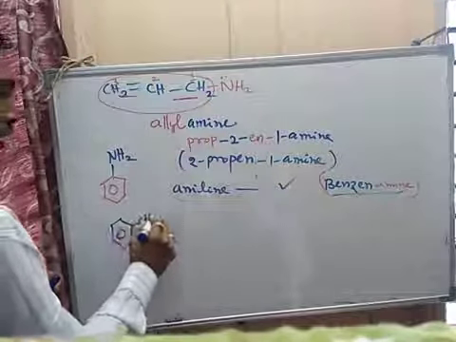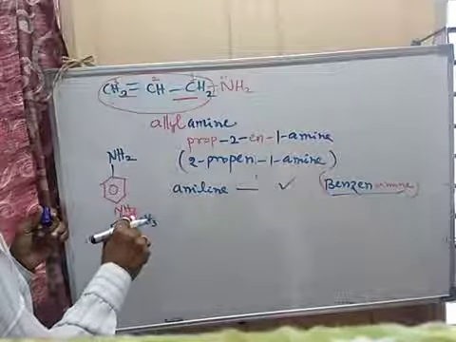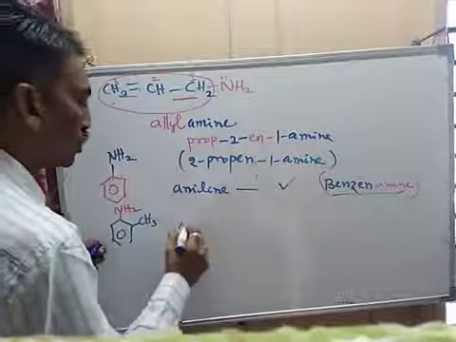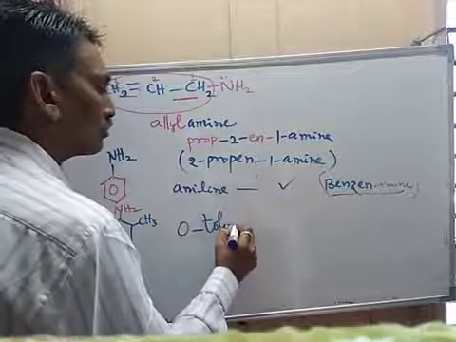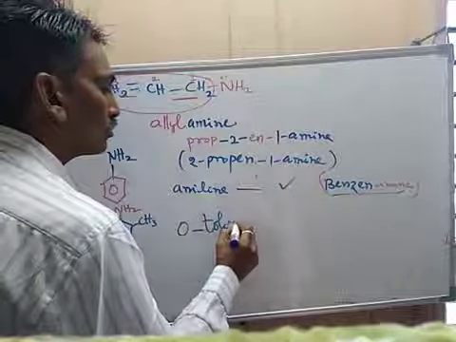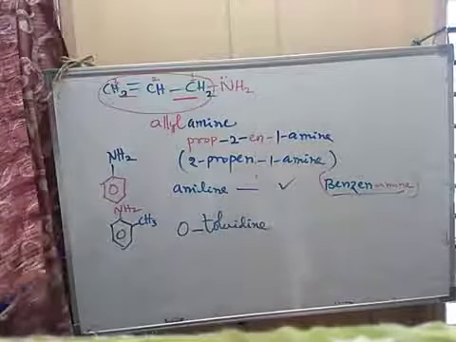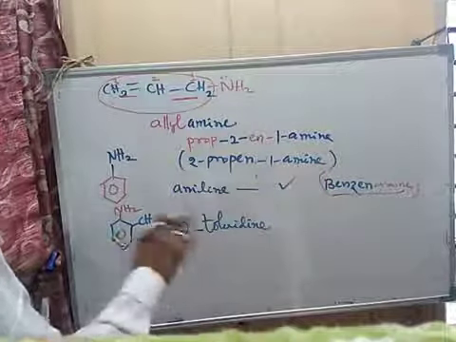This is CH3 on benzene, which you studied as toluene, and NH2, and the position is the alternate position, which is given by ortho. Toluidine. Toluene and aniline are both mixed.